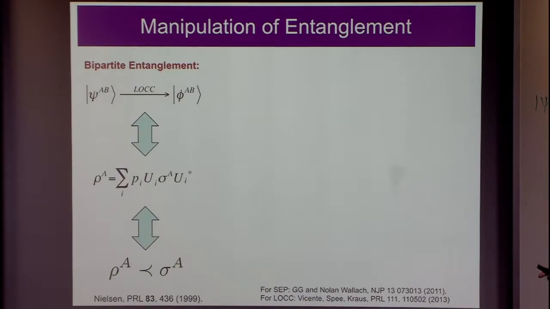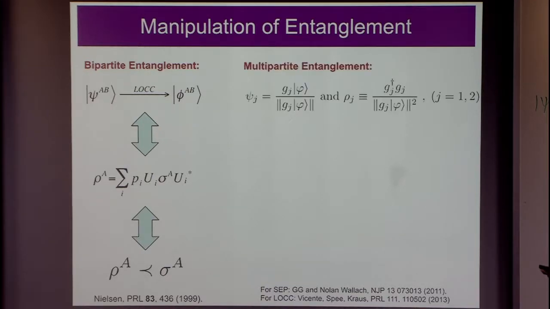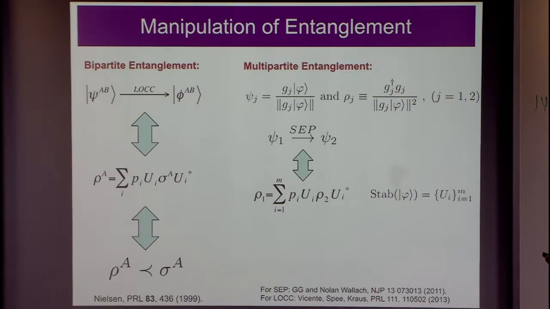Now in the multiparty systems, it's very hard to do that, but we define something analogous to that. I won't go into details, but I'll just say that one can go from psi1 to psi2 by separable operation, which is very similar to LOCC, a little bit bigger set than that one, if and only if there exist unitaries that are in the stabilizer of this vector psi.